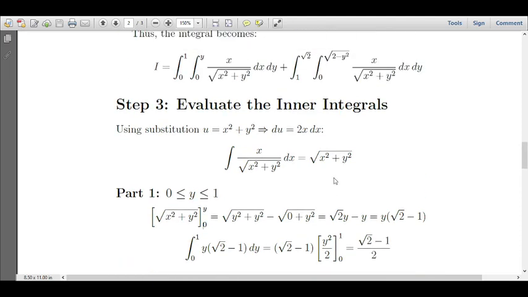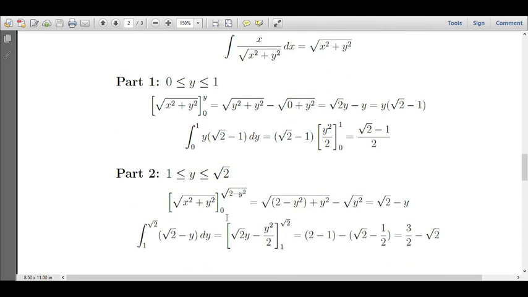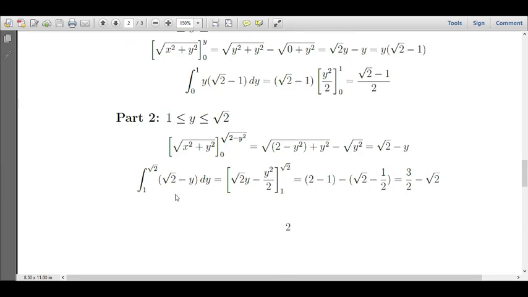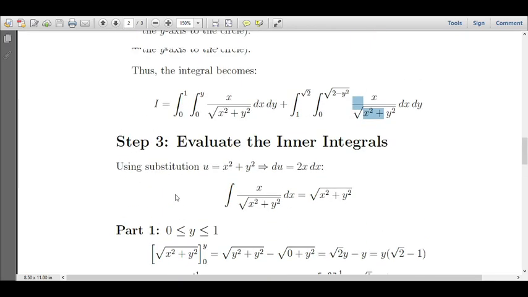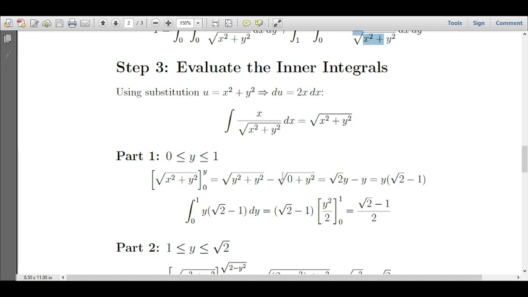Similarly, for this result we substitute the x limits, root of 2 minus y square upper, x equal to 0 lower. If you substitute this, you will get root of 2 minus y square plus y square, minus, substituting x equal to 0, root of y square, that is root of 2 minus y, which will be evaluated between 1 to root 2 with respect to y.